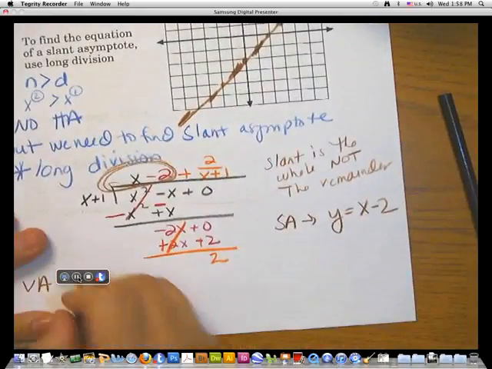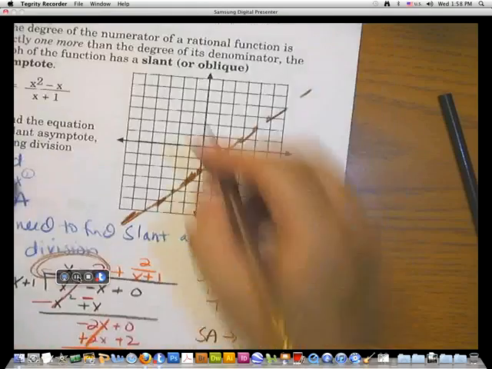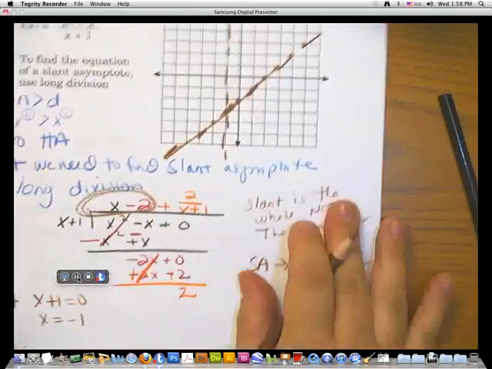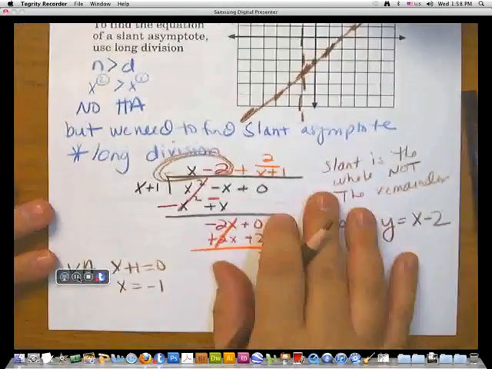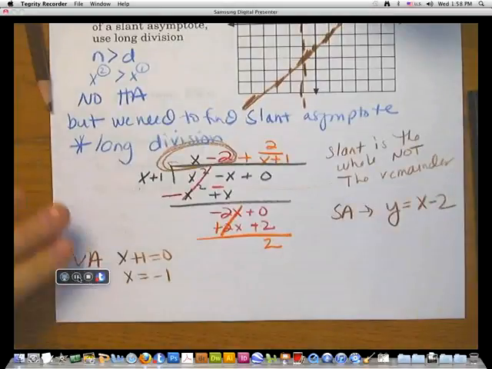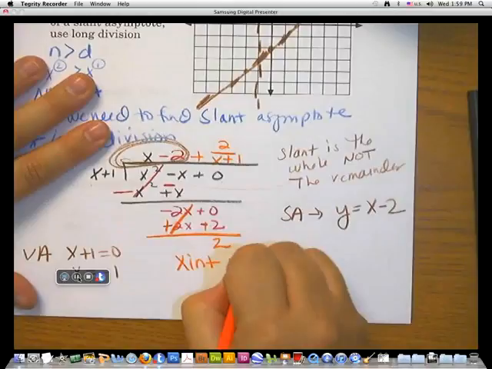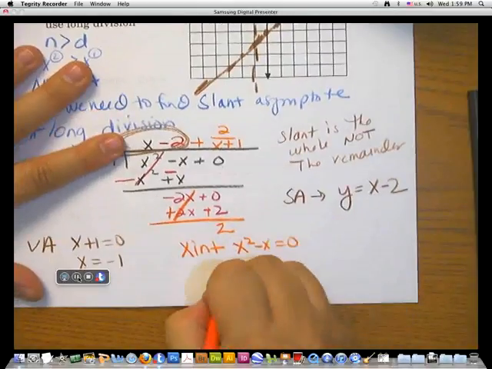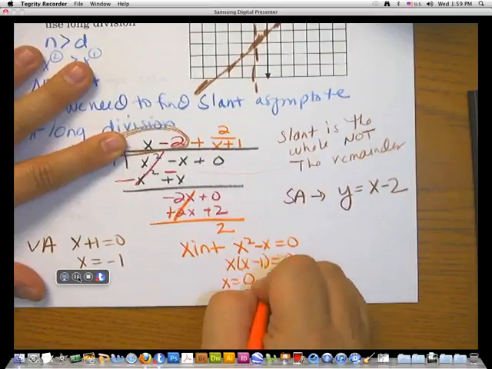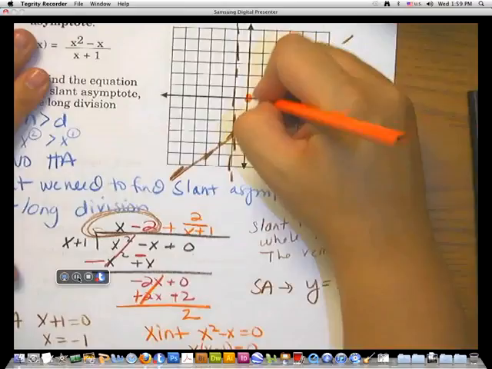We can find a vertical asymptote because the denominator equal to 0 means x is -1. We can find x-intercepts because the numerator is equal to 0. So the x-intercept is 0 and 1.